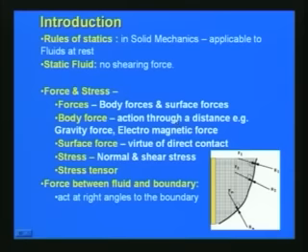Say for example, when there is a gravitational force, it is not directly acting, but it is acting from a distance. So, the action is through a distance. Also, if you consider the electromagnetic force, most of the time it will be acting at a distance. So, forces like gravity force and electromagnetic force acting on fluids are related to the body force.